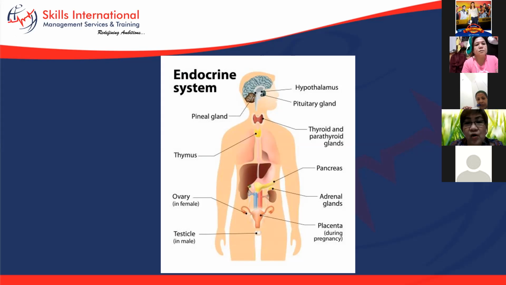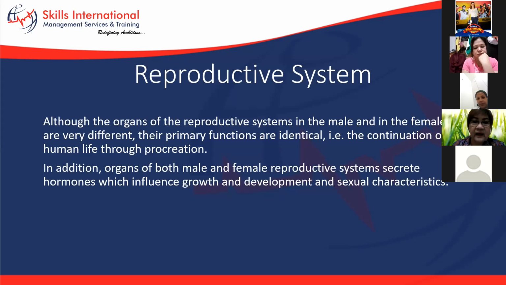So there are so many glands in the endocrine system, but according to the illustration, they are not connected with each other because they are placed separately.